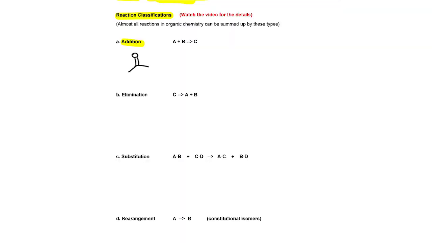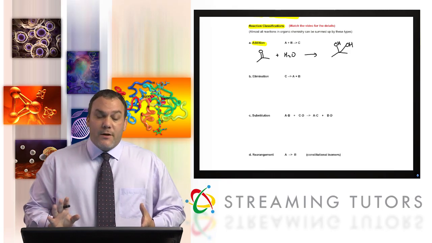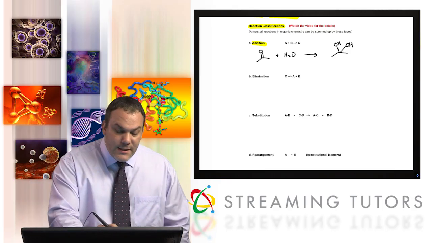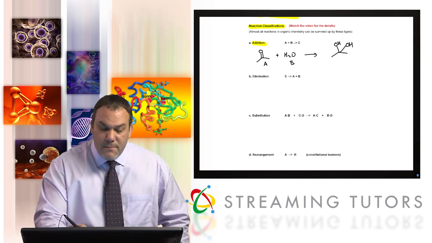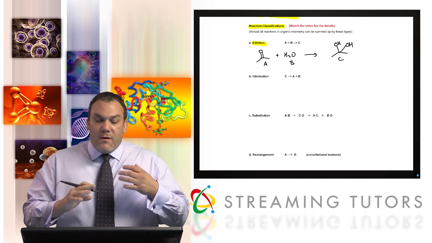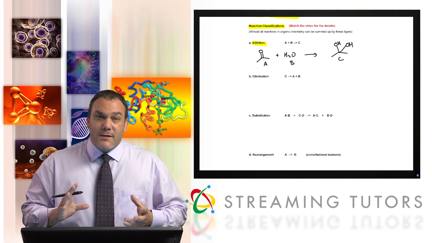So if I have a carbonyl and I add water into this environment, then what you wind up getting is this structure here. So what actually happens here is these 2 pieces, A and B, are coming together to make C. That's the process that's taking place here, okay?